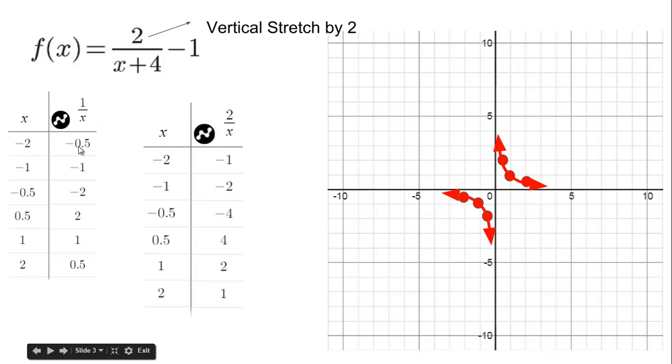So we can multiply all the y values by 2, which is really 2 over x, and all these values just double, and our orange points just stretch out double. Okay, and you can see that it gets pulled further away from the x-axis, just double the height.